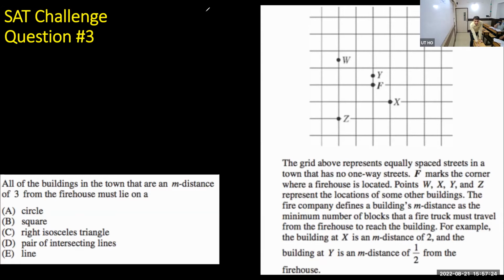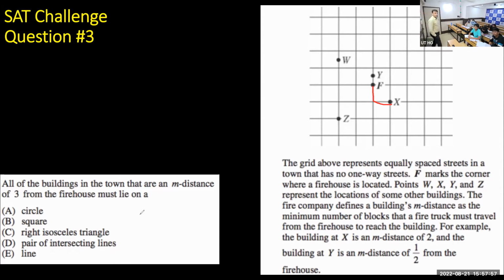Let's say I'm talking about F to X. So the minimum blocks that I need to travel from F to X is 2. या तो ऐसे जाऊंगा मैं या ऐसे जाऊंगा. But ऊपर से जाओ नीचे से जाओ, there are two minimum blocks that I need to travel, not maximum, minimum. So M distance of X will be equal to 2. बोले समझ में आ गया?